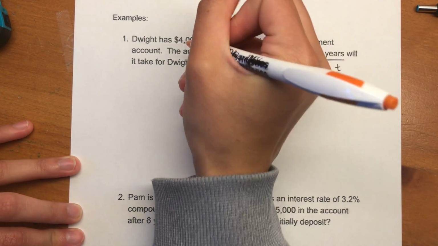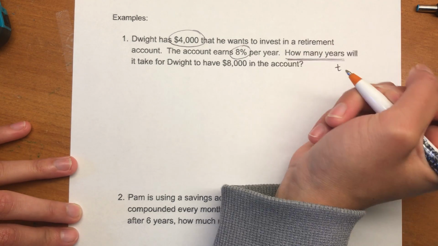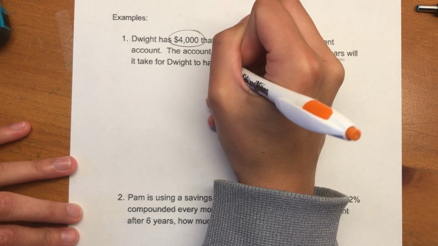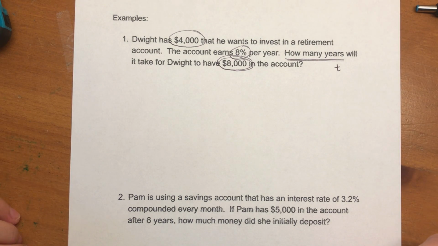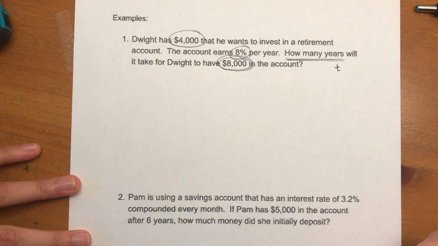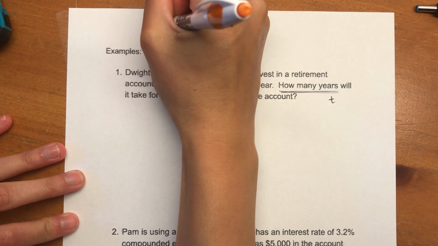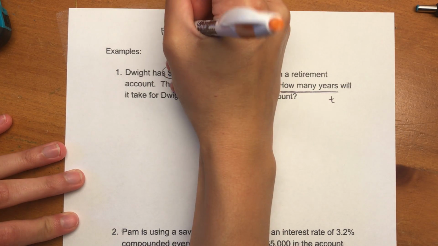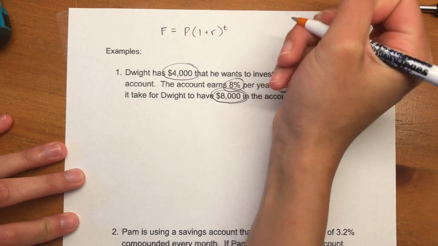Okay, so then we have $4,000. The account earns 8% per year. And then we also have $8,000. So first we need to figure out what formula this is. And remember, we have 3 options for formulas. We have F equals P times (1 plus r) to the t.